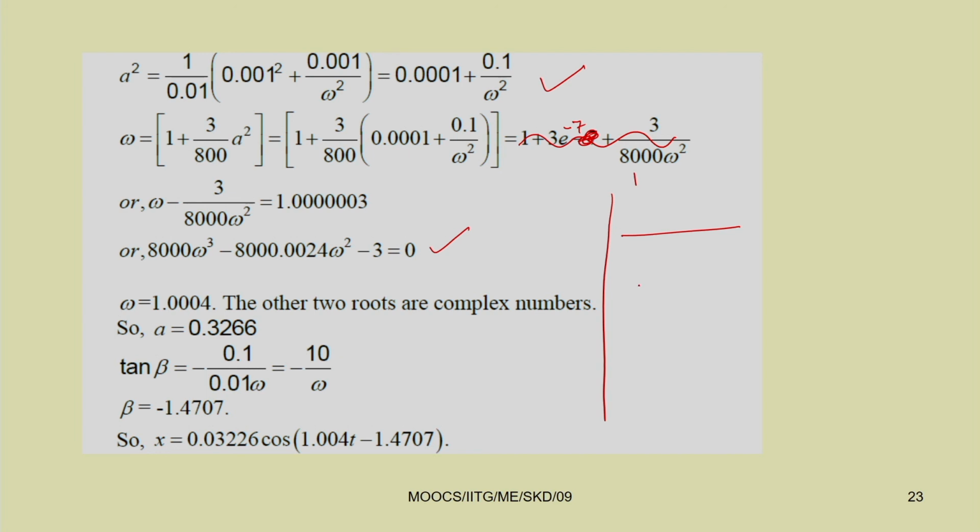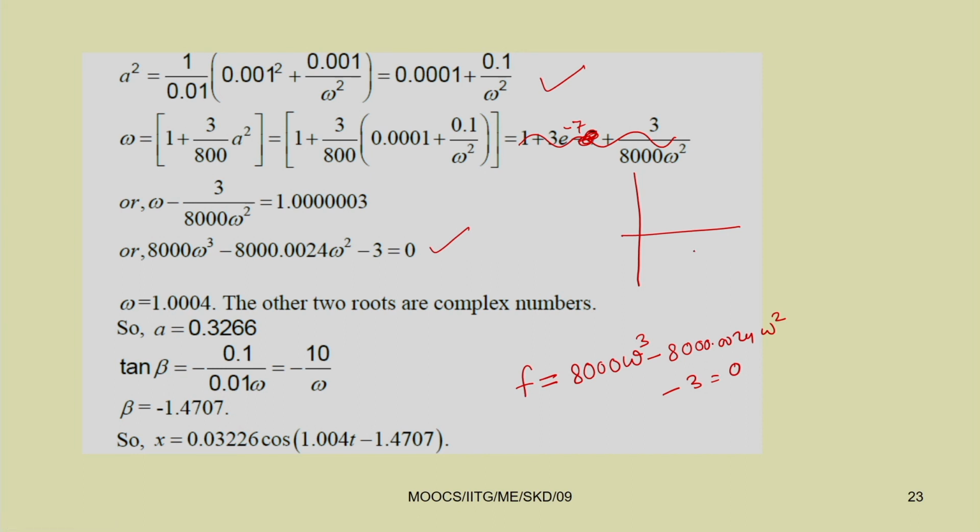Okay. Otherwise, simply you can plot it. So, let this function f equal to 8000 omega cube minus 8000 omega square minus 3 equal to 0.